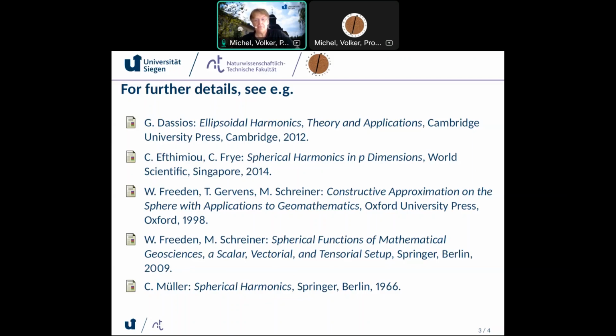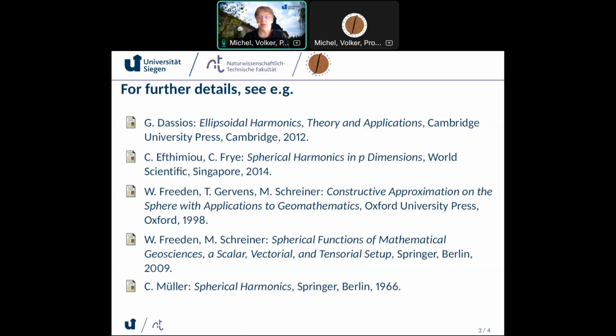Now, Willi Freeden wrote a lot of books on mathematical tools in earth sciences, and in particular also on function systems on the sphere. There are not only scalar spherical harmonics, there are also vector spherical harmonics and tensor spherical harmonics. And I have a selection of 2 books by Willi Freeden and co-authors, which I can warmly recommend if you want to know more about spherical harmonics, but also about other approximating structures on the sphere.